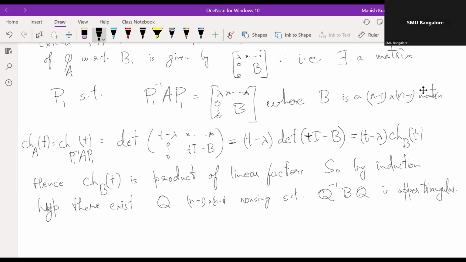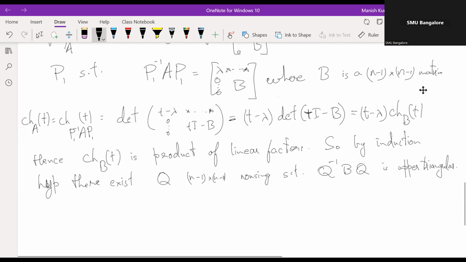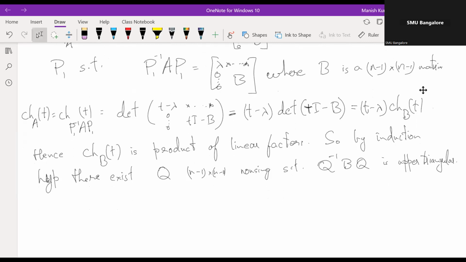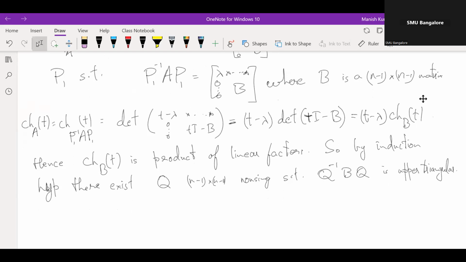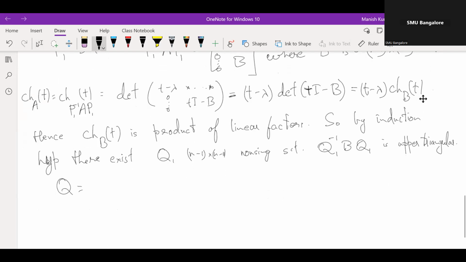We'll have to make up another n by n matrix. Let's call this Q1, and let's make a Q which is n by n.